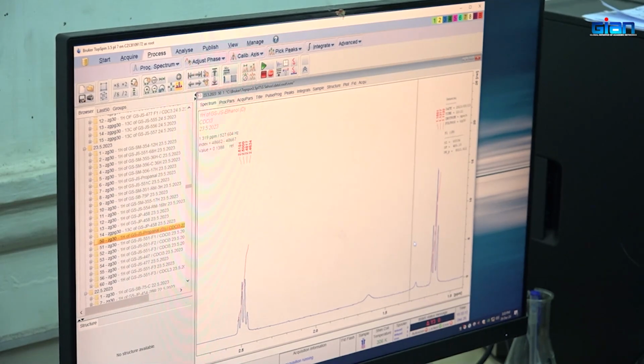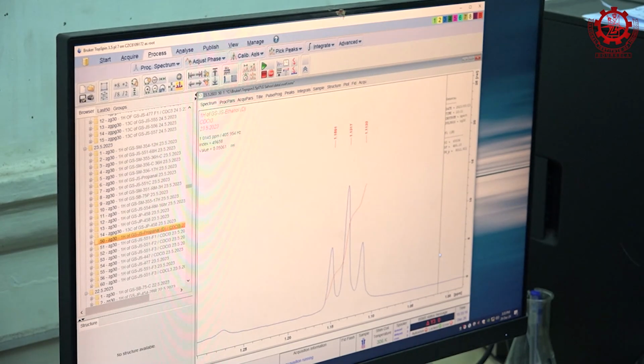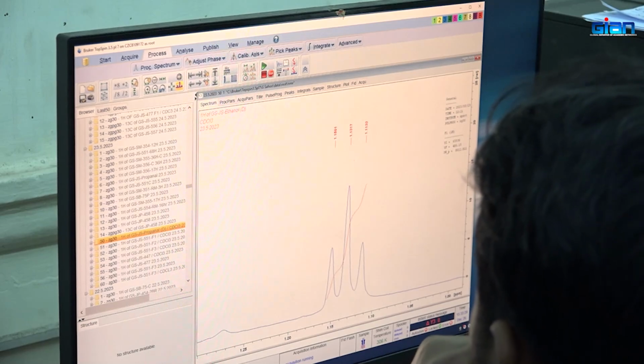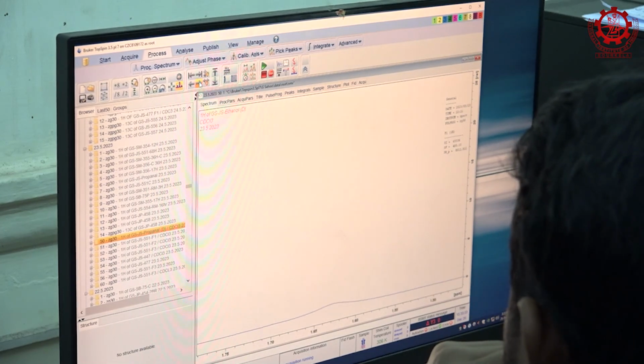Now, you see a peak. How many peaks are there? 3 peaks. So, we call it a triplet. 3 peaks means triplet. Now, think CH3, CH2, OH.